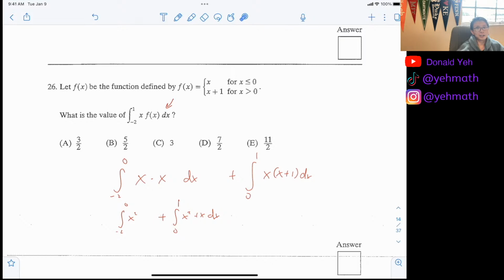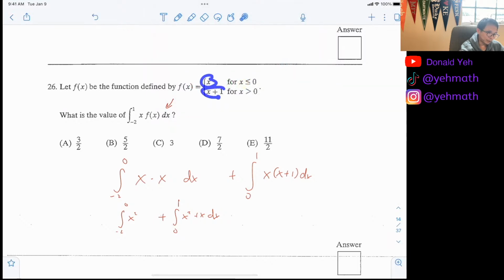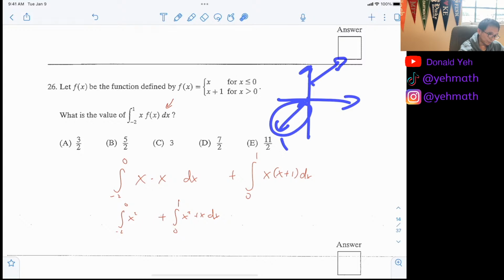But do you understand the beginning part of it? I had it. There's a breakout, a piecewise function, with the left side being x and the right side being x plus 1. But on the left side you want to multiply by x, and on this one you want to multiply by x plus 1.